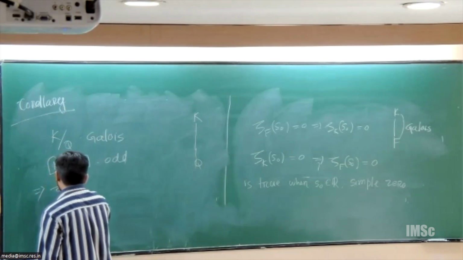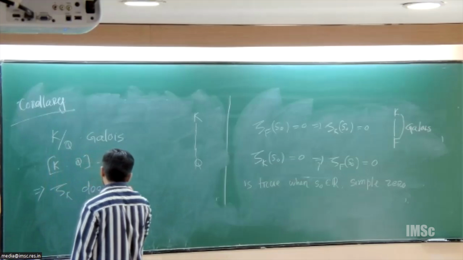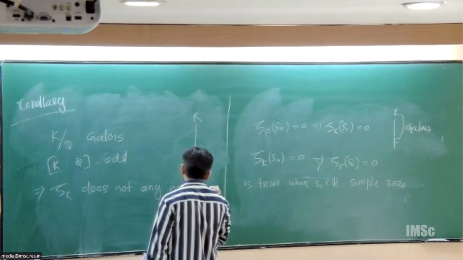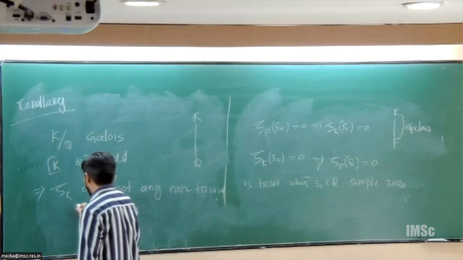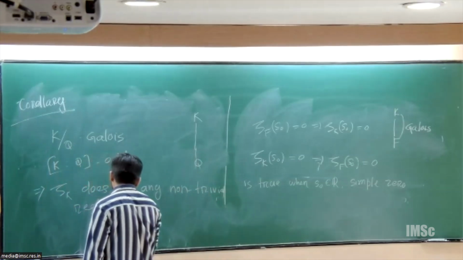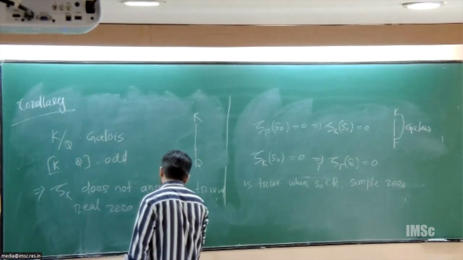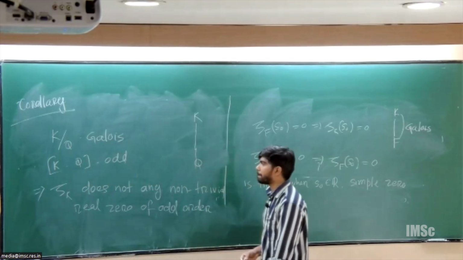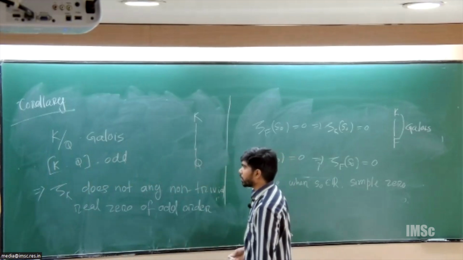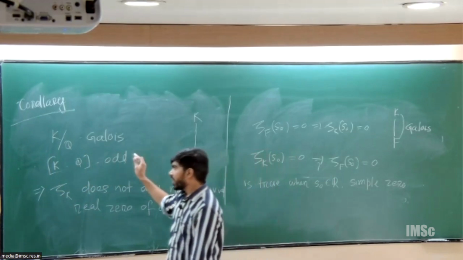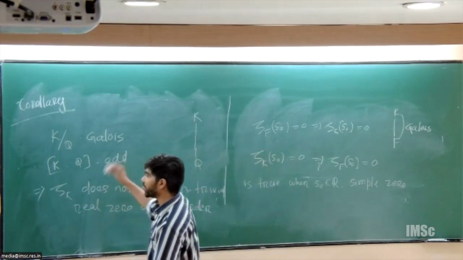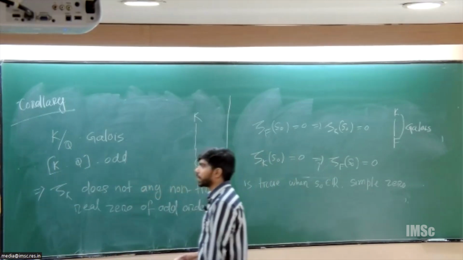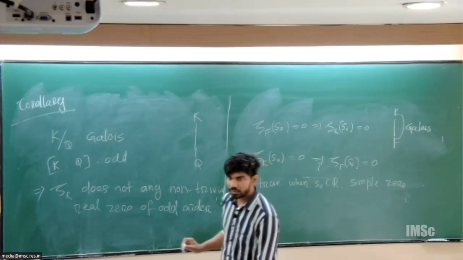Then zeta K doesn't have any non-trivial real zero of odd order. So for this kind of number field, if there exists a real zero, it will have even order. Earlier we have seen that this is true for half. Okay, I'll stop here.